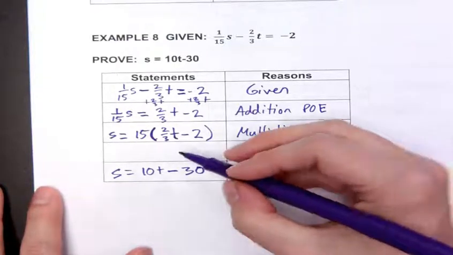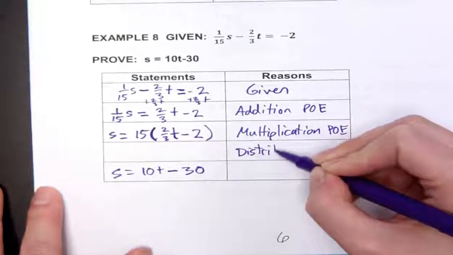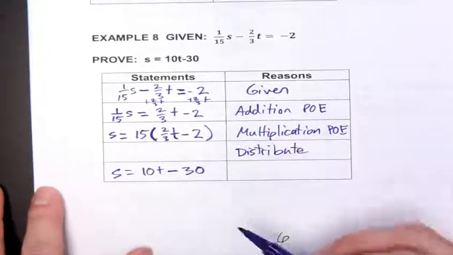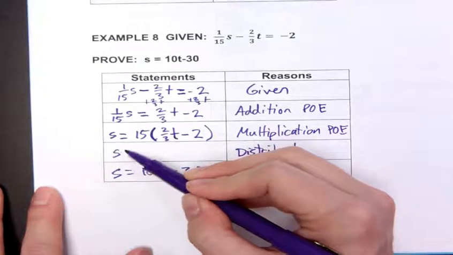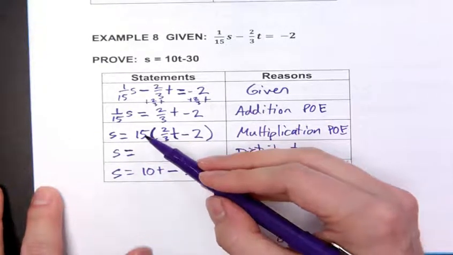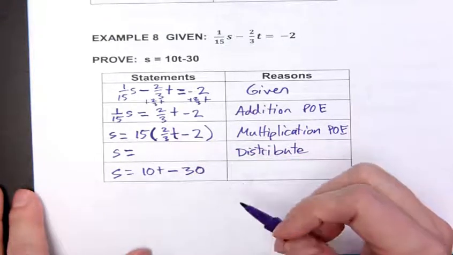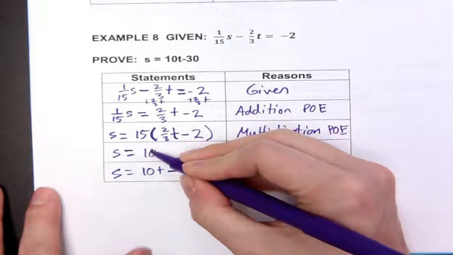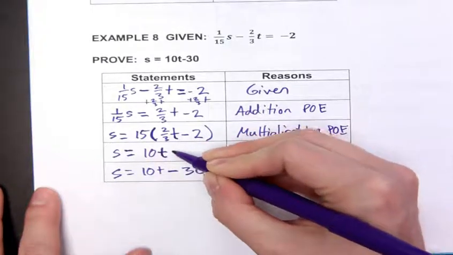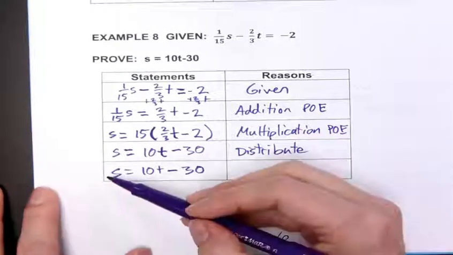And then I just heard someone say distribute comes next. And so that gives me s equals, when I do 15 times 2 divided by 3, what does it give me? 10. So that gives me the 10t minus what? 30.